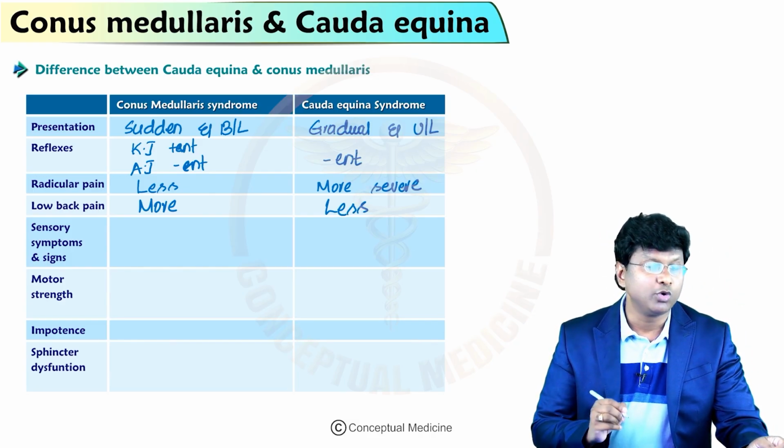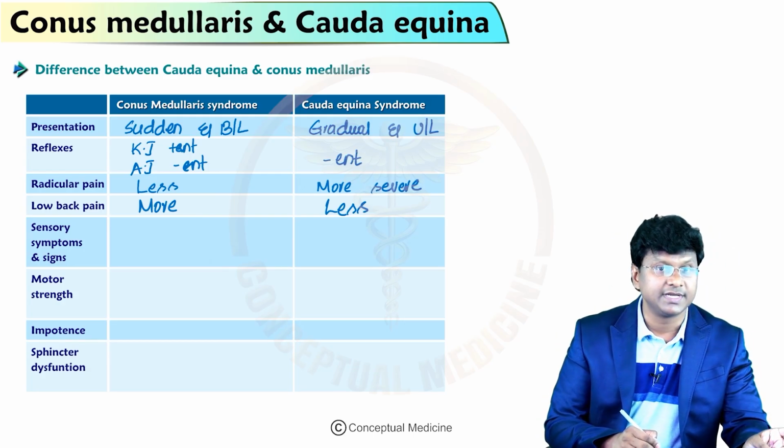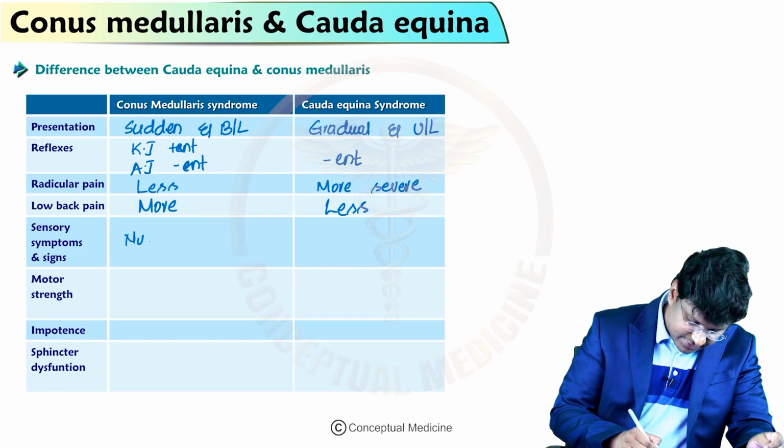And low back pain is more common in case of conus medullaris, it is less in case of the cauda equina syndrome. And what about sensory signs and symptoms? That includes numbness, and this particular numbness is bilateral and symmetrical, right?